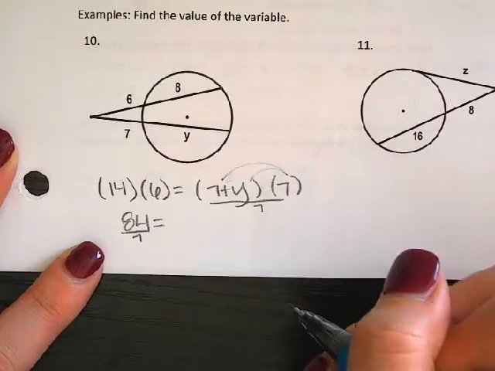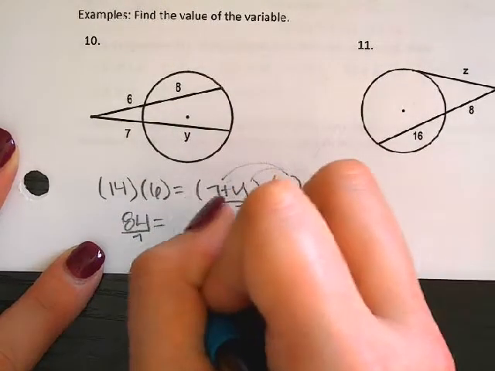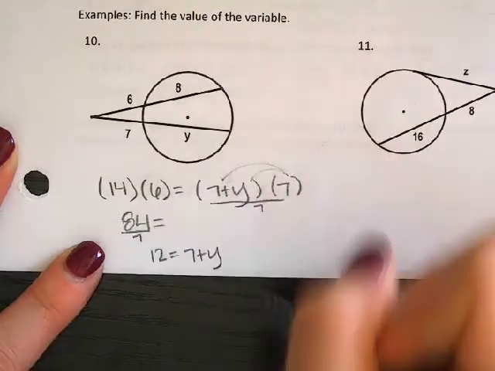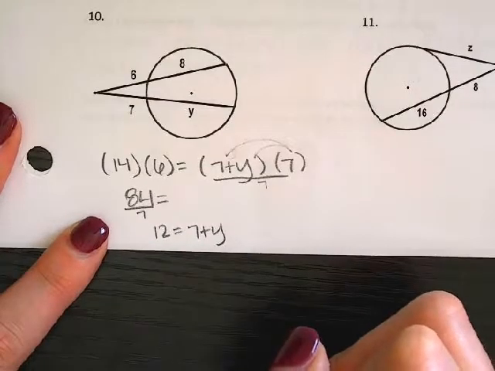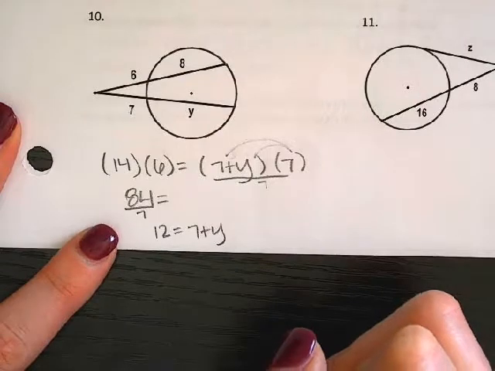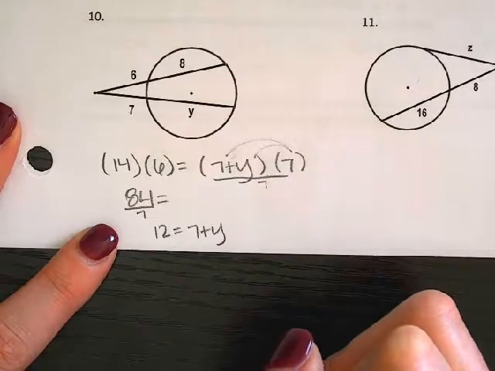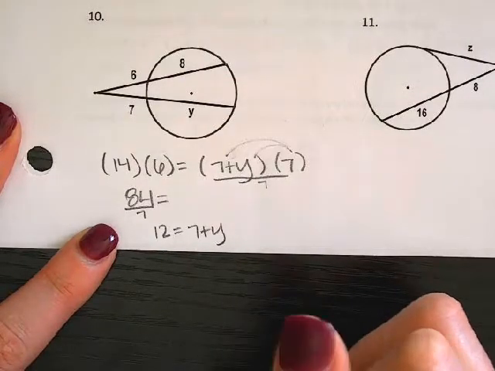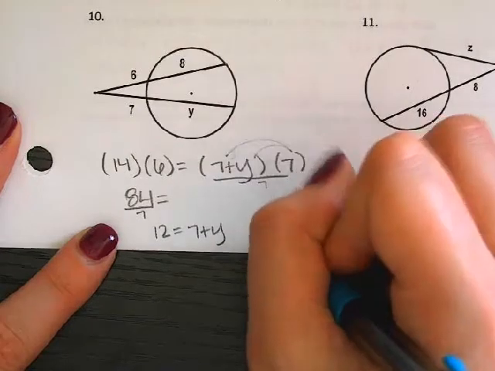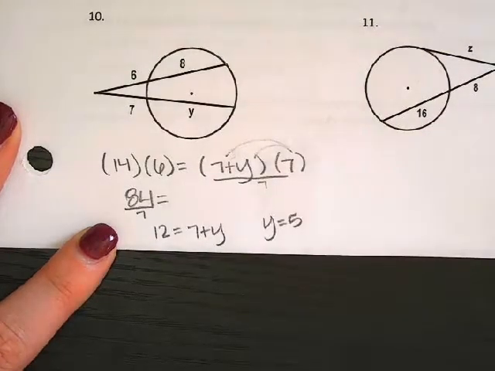Yeah, it's 12. Okay, so 12 equals 7 plus y. Oh my god, I found the answer. And then minus the 7, and y equals 5. There's the answer.